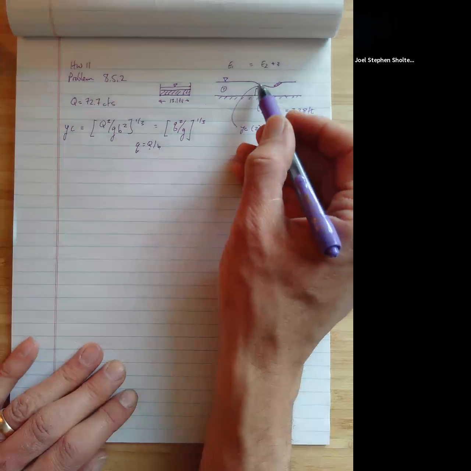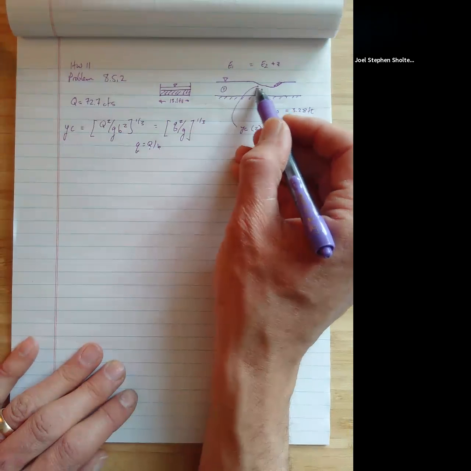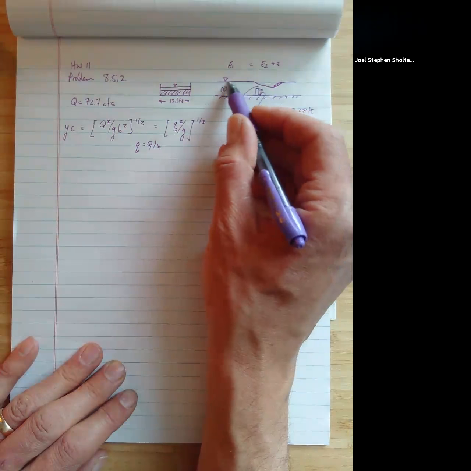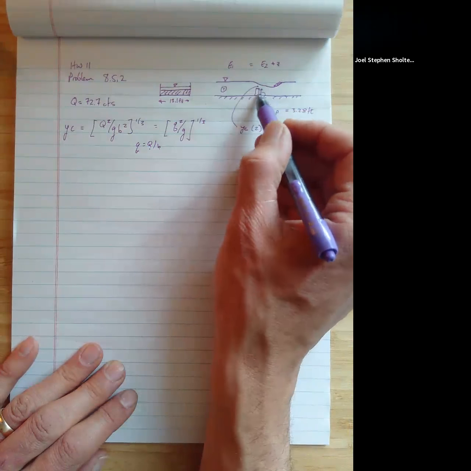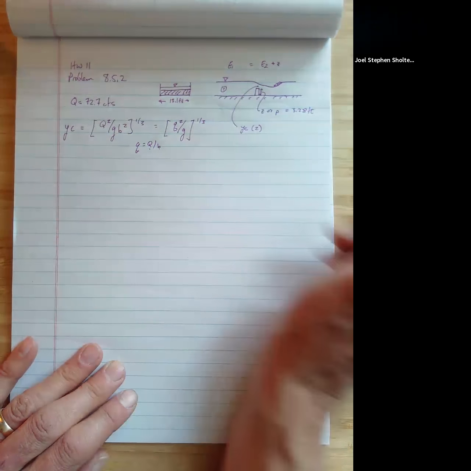And the reason is if we have critical depth here, that's minimum energy. It's going to be less than this energy right here. So we have to account for the additional elevation given by this step.